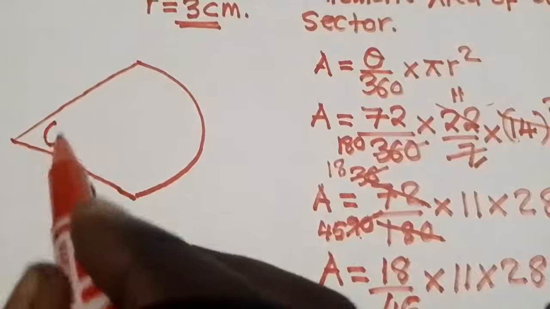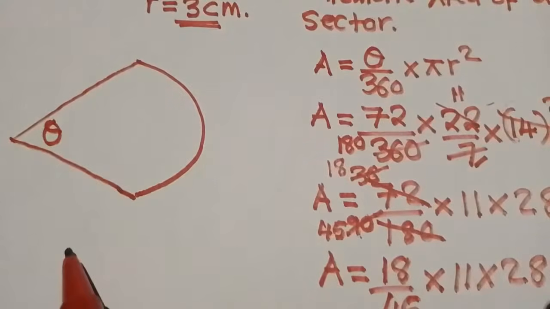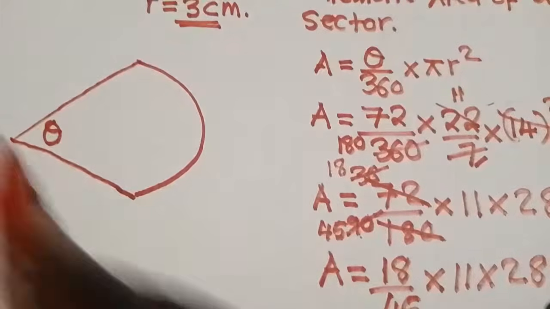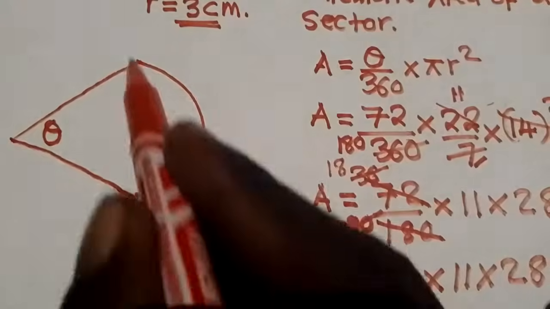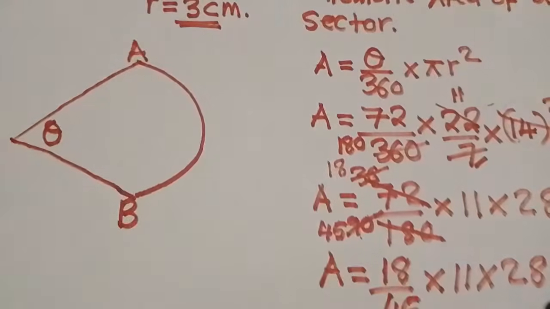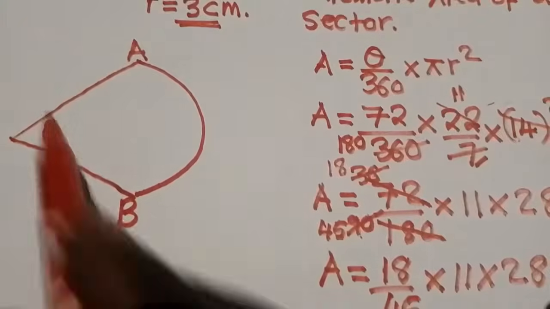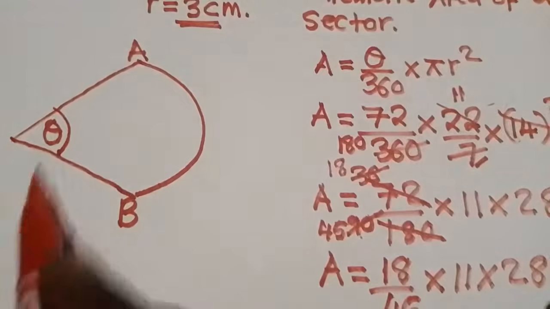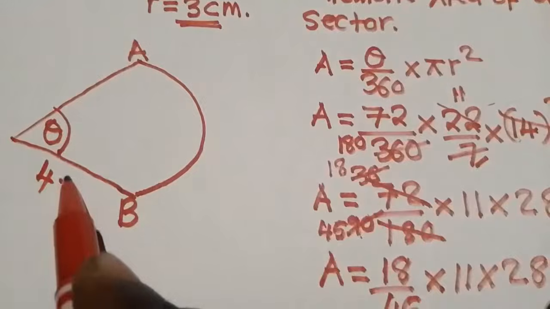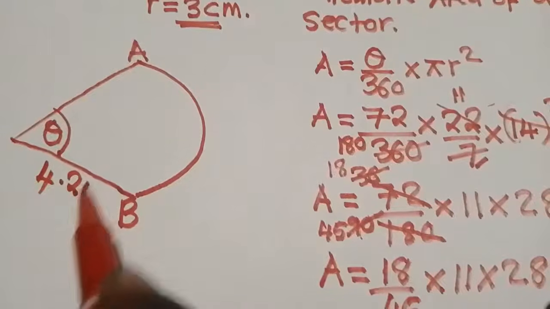So here the theta is not given. But what are we given? We are given this is O, this is B, this is A. Here the theta is not given, but we are given the radius, which is 4.2 meters.